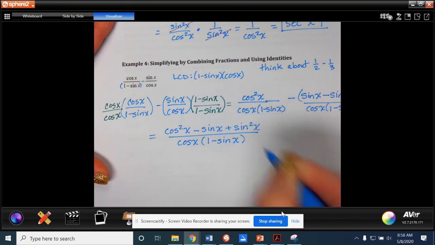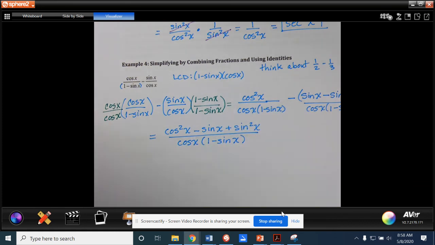Now you may ask, why not distribute the denominator out? Why not multiply that out? Well, that goes back to our rationals and just a simplifying method: we're going to combine like terms, do whatever we can in the numerator, and then we try to factor it back out and simplify again.